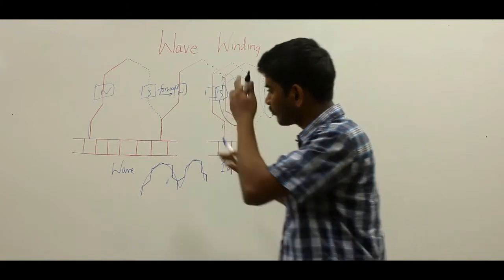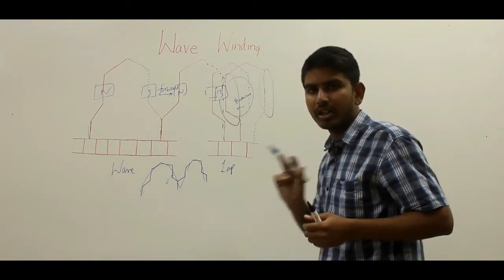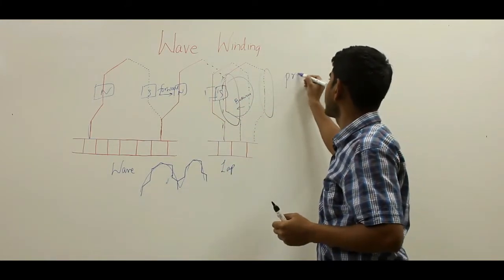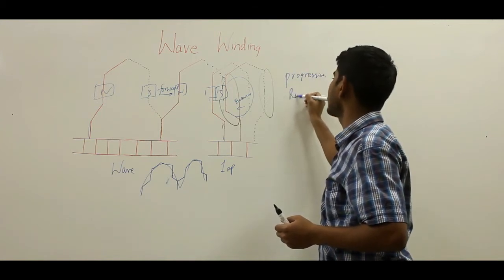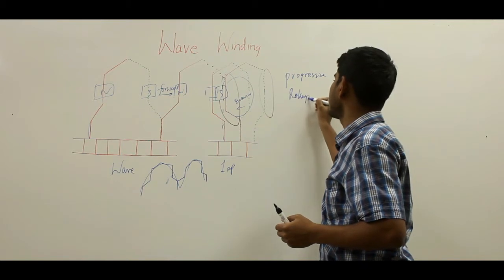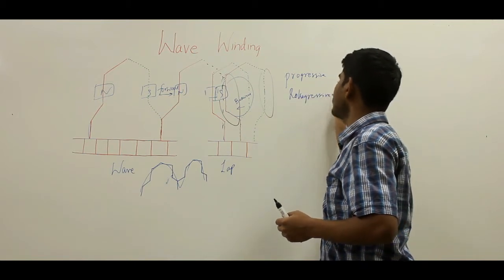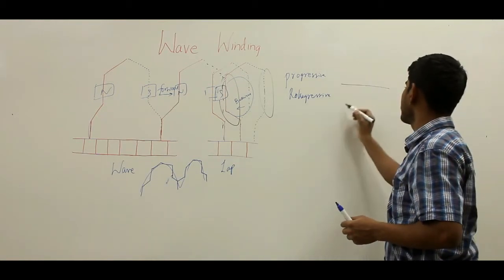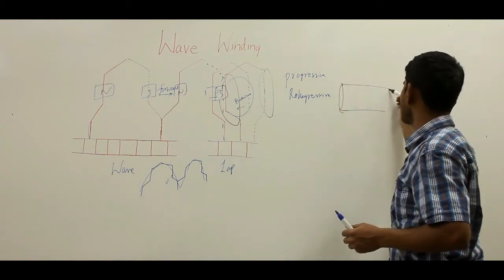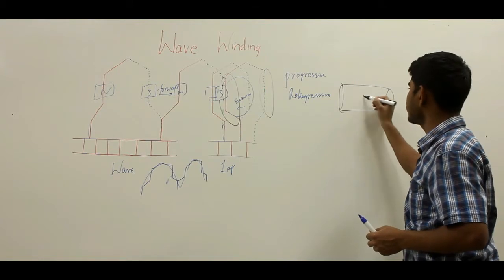Here we shall talk about two important terms. One is the progressive wave winding and the other one is the retrogressive wave winding. In the progressive wave winding, after one round of the armature core, let me say this is your armature core, so you started from this point.